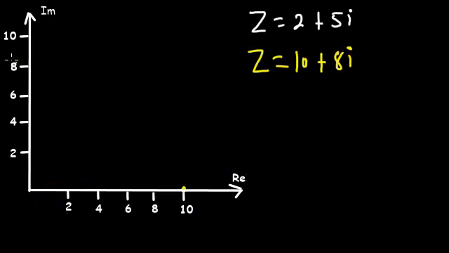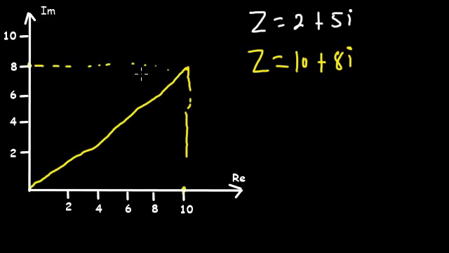Then secondly, you locate 8 along the imaginary axis, which is here. Then we join them together with a dashed line. And after that, we draw a straight line from the origin to show the vector form of the complex number. So this is z. So if this one is z2 and this one is z1, we have z2 right here. So that's it. And if it's negative, then it means you'll be having the negative part.